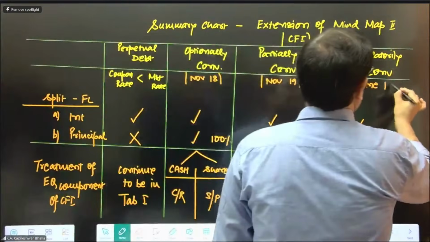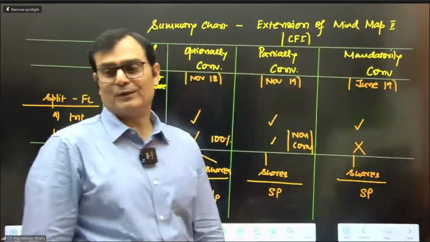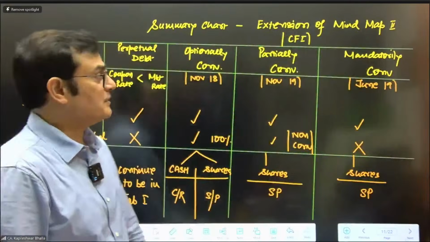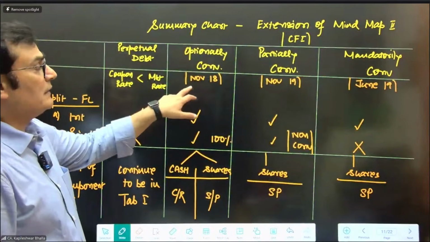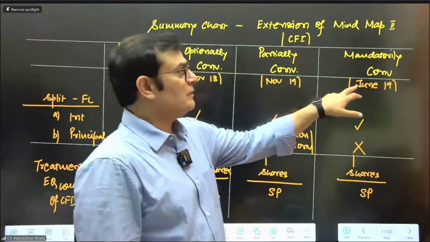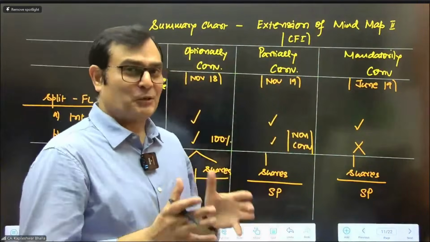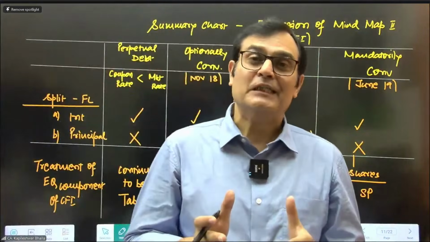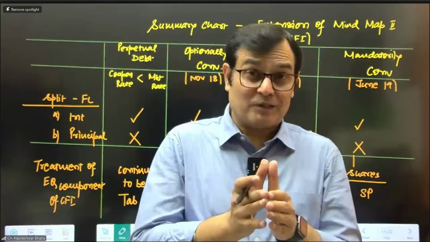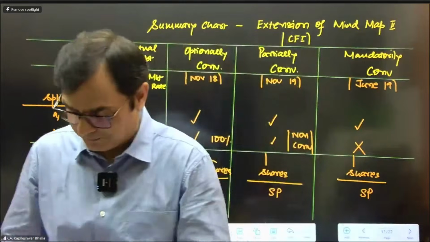So you can see the kind of questions coming in the exams: November 18, optionally convertible; June 19, mandatorily convertible; partially convertible, November 19. So almost every attempt you see questions coming in this trend. That was the historical trend.